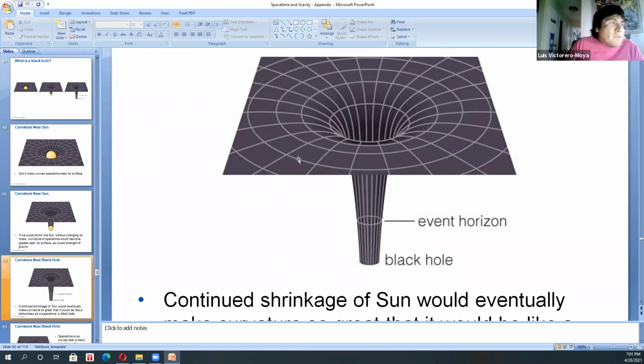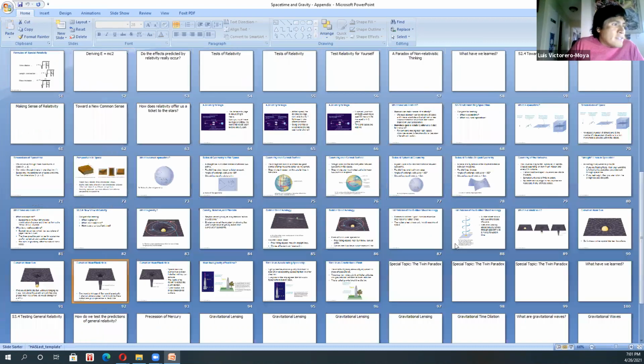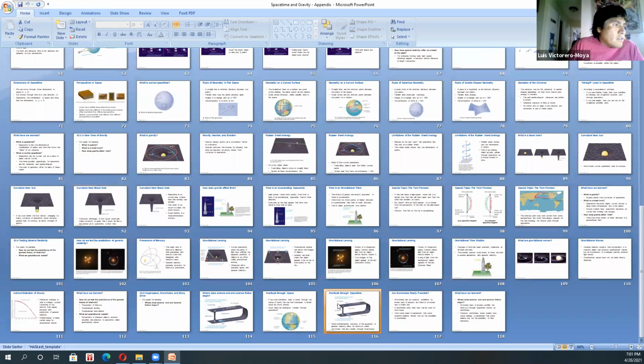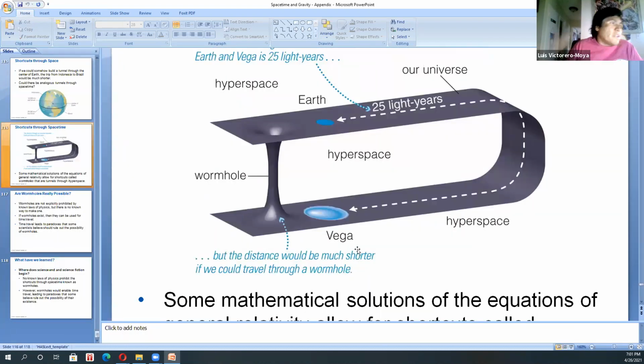And then the spaceship can fall into it, because what you're actually doing is falling into that wormhole. And then you can travel, as I showed you last class, in here, right?